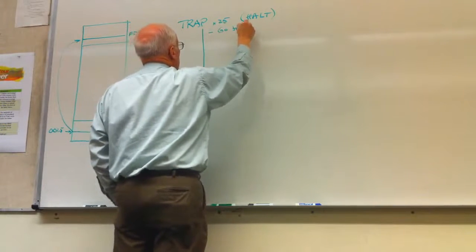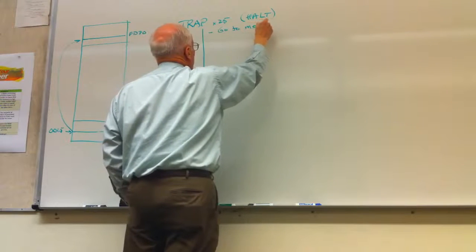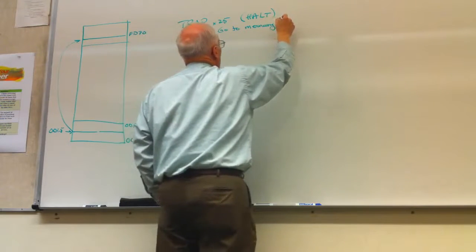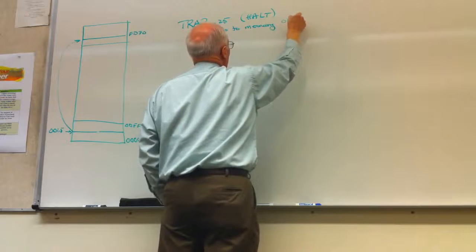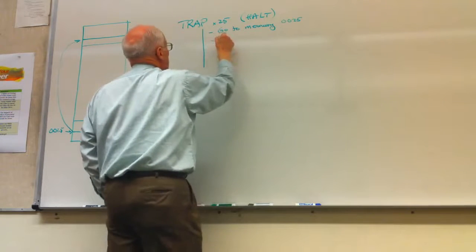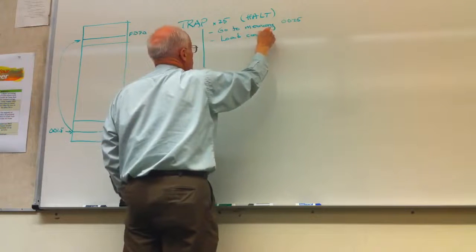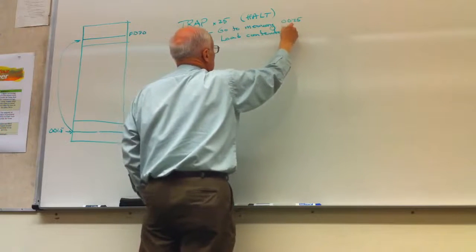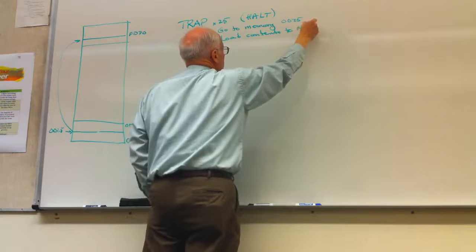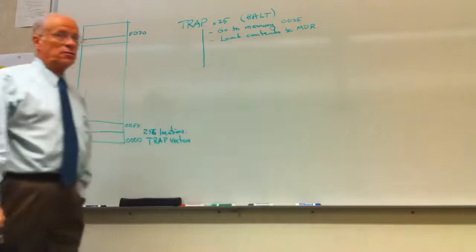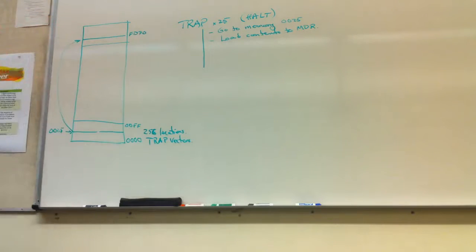You go to memory 0025, load the contents to the memory data register. Remember, that's the interface between the processor and the memory. You've got an address register and a data register.